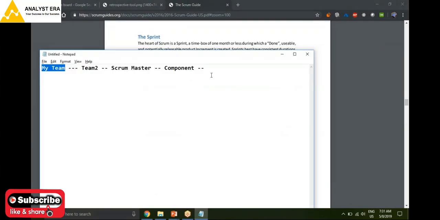You would have a sprint goal saying, I'll get 4 user stories done. Suddenly, in the middle of the sprint, your PO says, I want one more story to be included.